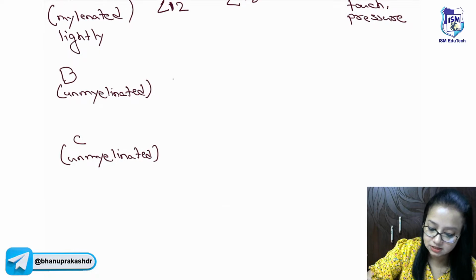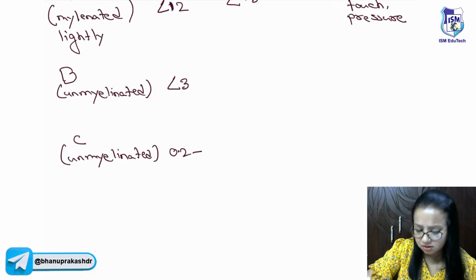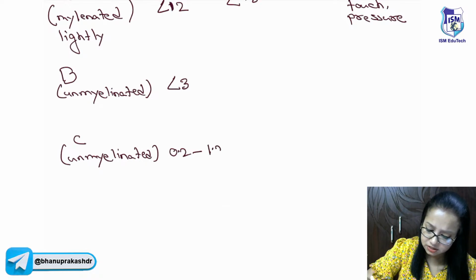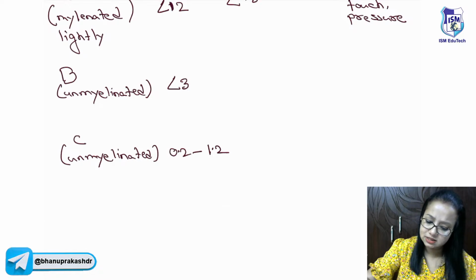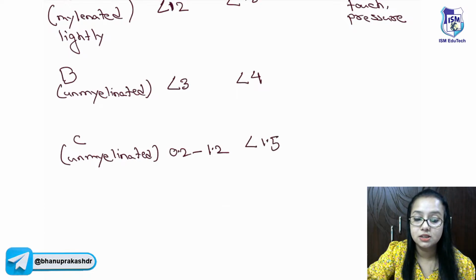Here the diameter is less than 3, and here it is somewhere between 0.2 to 1 or 1.2. And the conduction velocity is very, very slow. It is less than 4, and here it is less than 1.5. It is very, very slow.